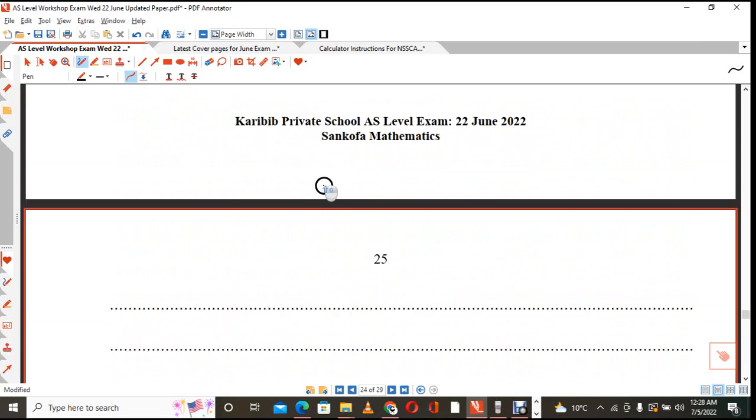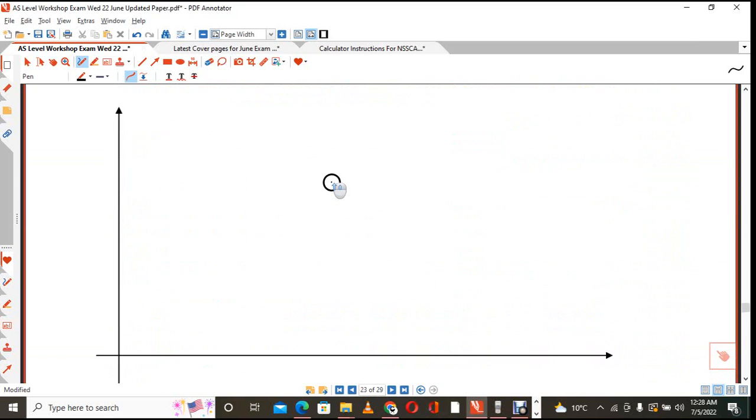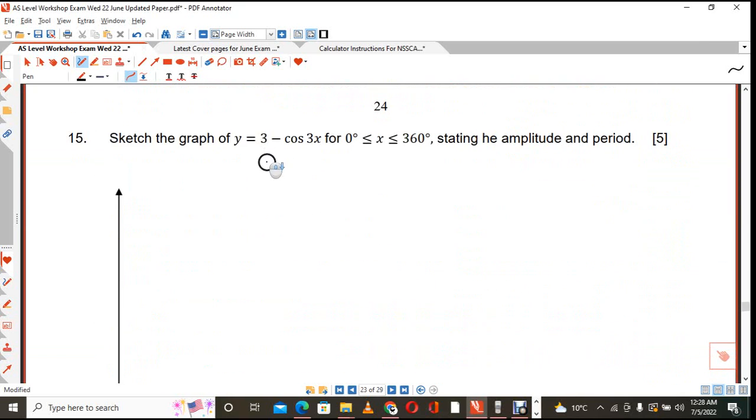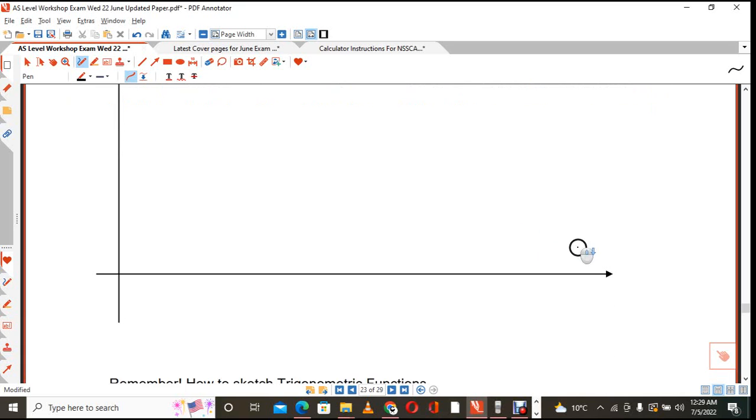So we're supposed to sketch the graph of y equals 3 minus cos 3x for x between 0 and 360 degrees, stating the amplitude and period.